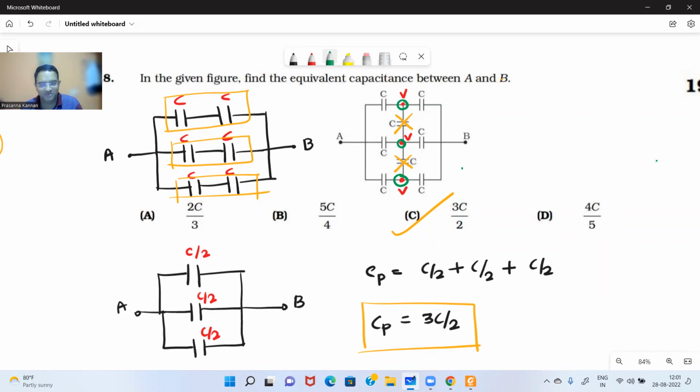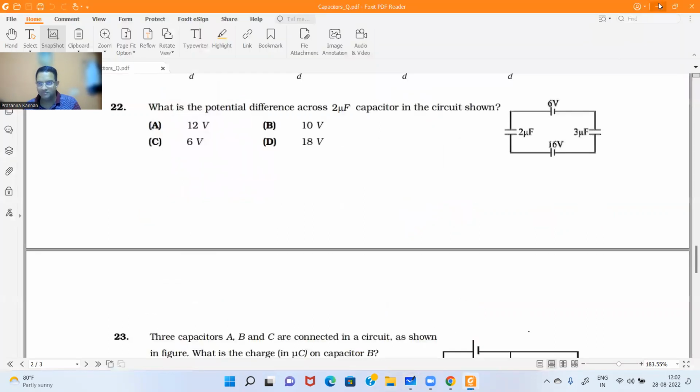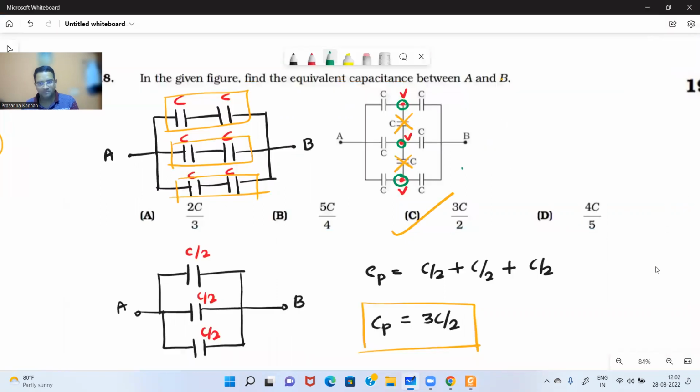Once you remove them, this becomes a very simple problem. Is it clear? Yes, sir. So you can just solve it. Once you're ready, we'll go to the next one. Done, sir. Go to the next question.